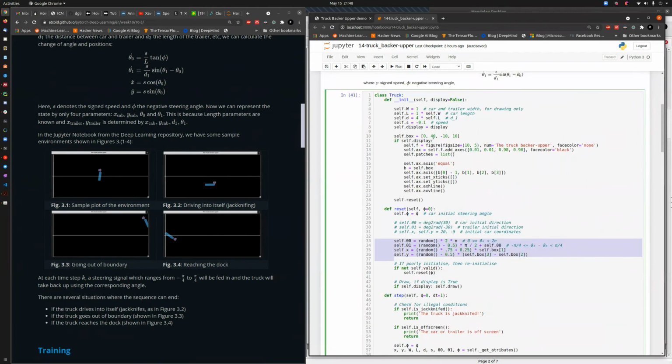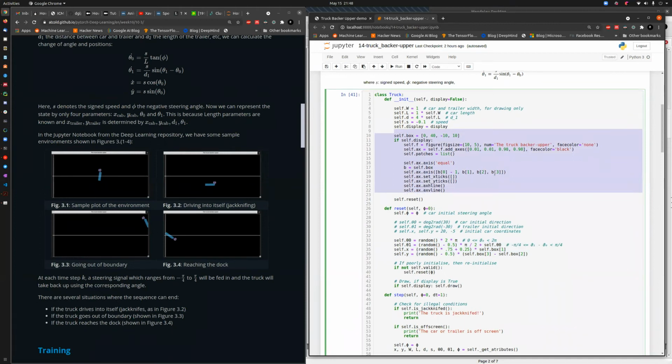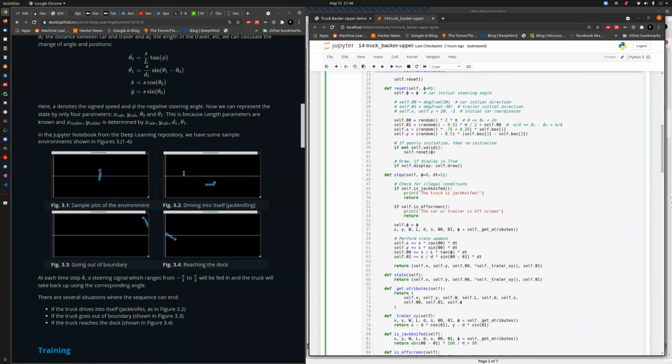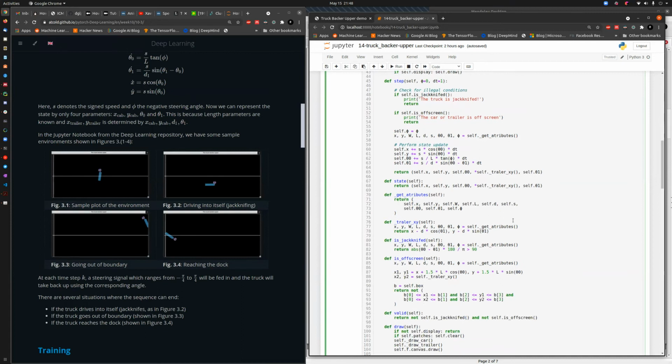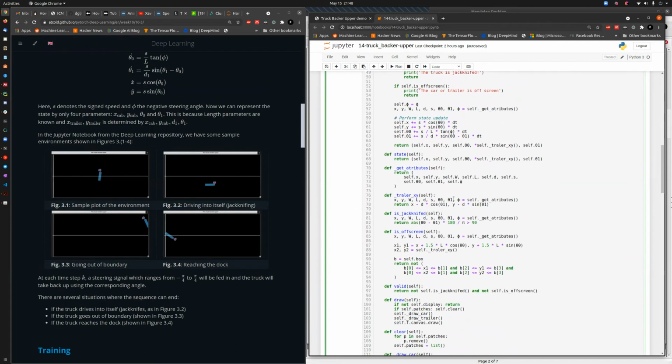Then this is the initialization with respect to, I think, the y-ticks and the x-ticks that we will see in this diagram. And how can we represent this? The sample plot of the environments and the going out of boundary, reaching the dock and driving into itself. It's kind of cool, jackknifing. Then the trailer XY is jackknife.